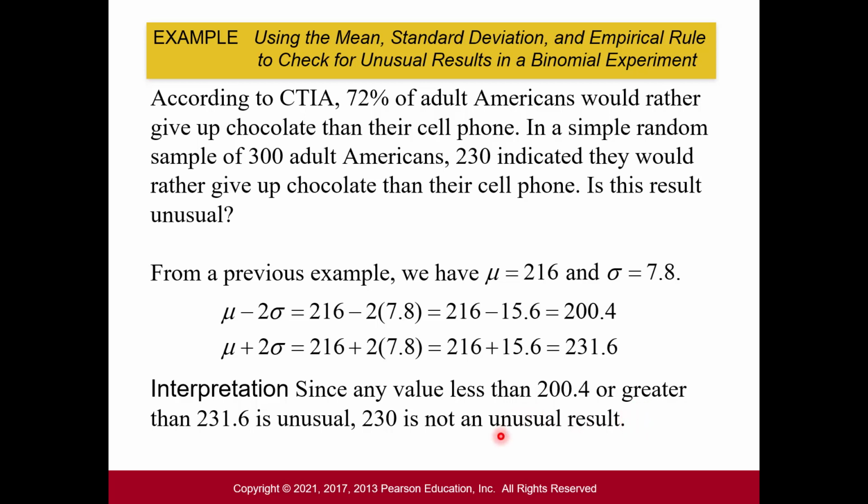And if that's sounding familiar, it's because we learned previously that when we have a bell-shaped distribution, we had the empirical rule that said 95% of our data was within 2 standard deviations of the mean. And so because this number was within 2 standard deviations of the mean, it's not unusual.